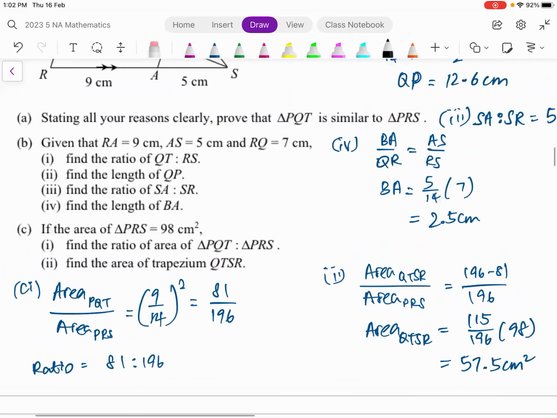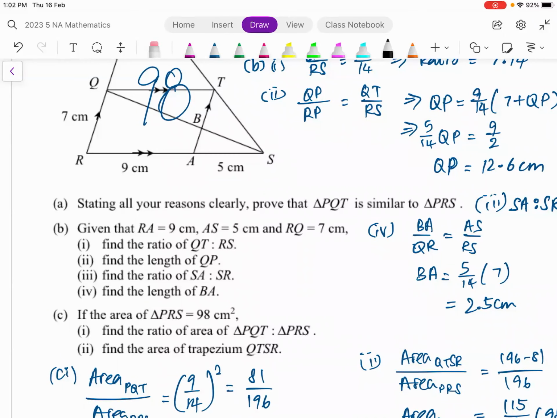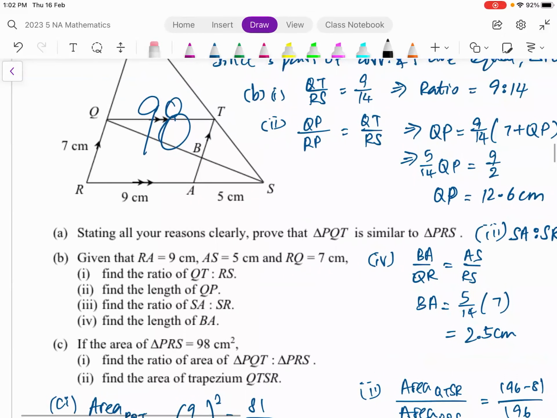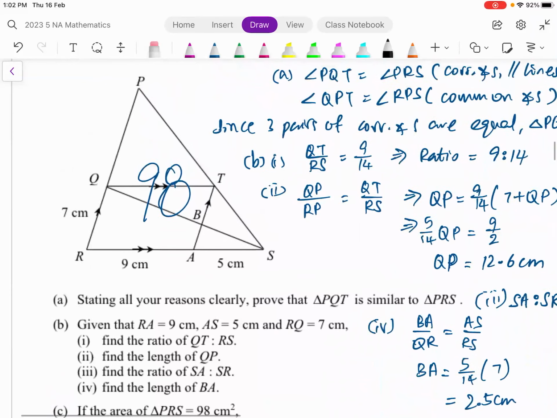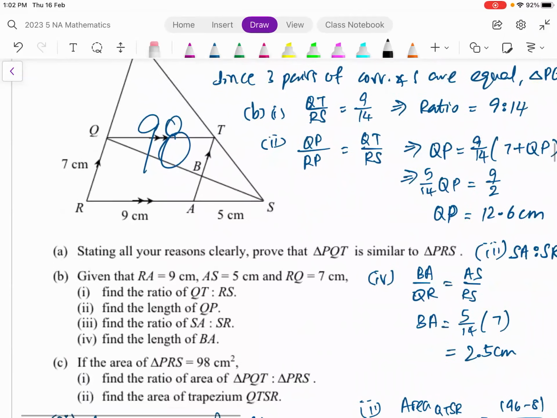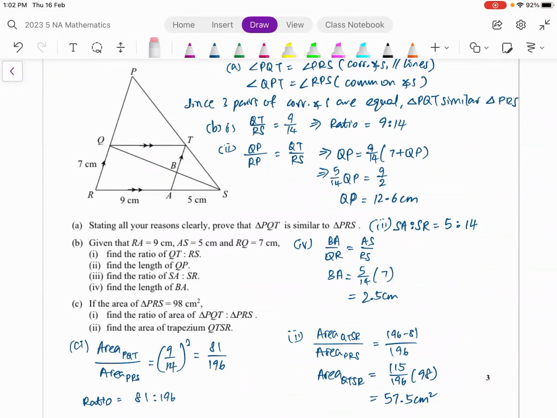Okay, let's see what it is. Ratio of my area trapezium, QTSR, okay. We have ratio of PQT versus PRS. Okay, so we need our information from C part 1. So, Zhui, based on part C part 1, area PQT was allocated 81 units, right?